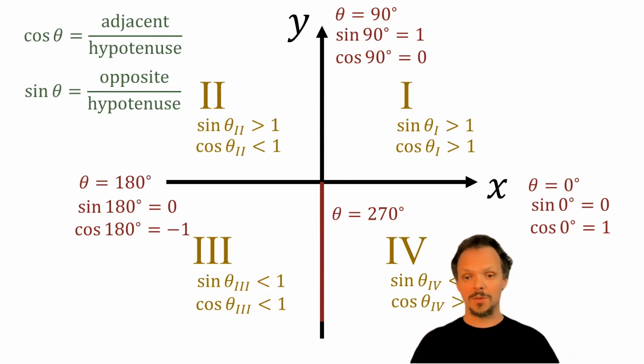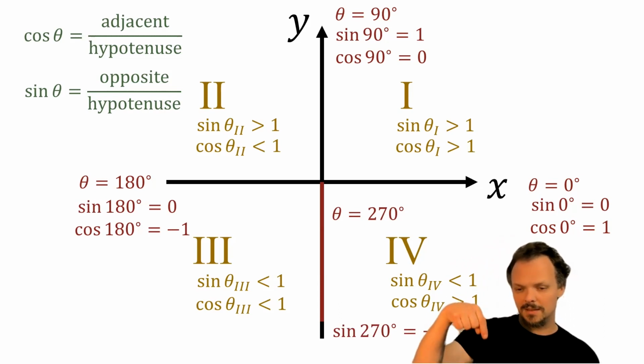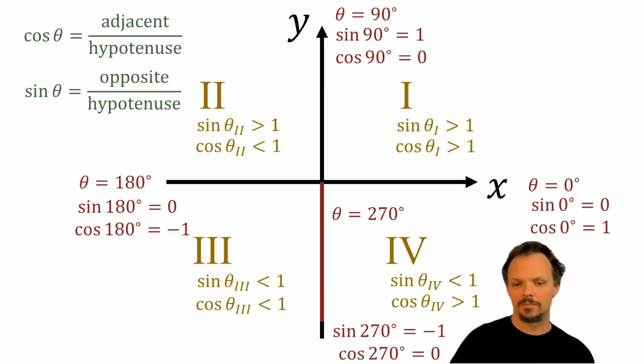Finally, we go around to 270, where this is similar to the 90-degree part, where there is no adjacent, but there is an opposite. So no adjacent means that the cosine is going to be 0, but the sine is going to be negative because it's pointing down.